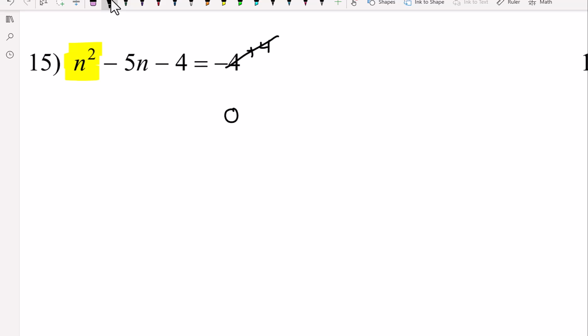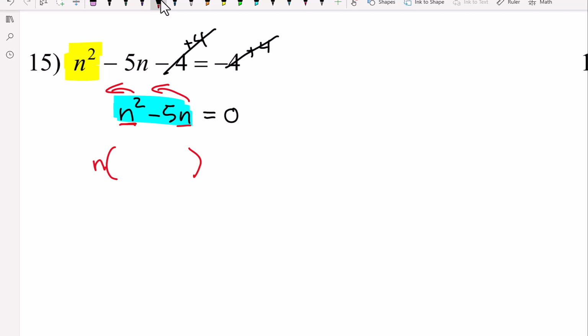We're going to put the right side equal to 0. But notice when we add 4 over here, all we have is n squared subtract 5n. This is not a typical quadratic. There's only two terms. So this is when we do the reverse distributive. What do those two have in common? They each have a single n in common. So we're going to factor out an n.